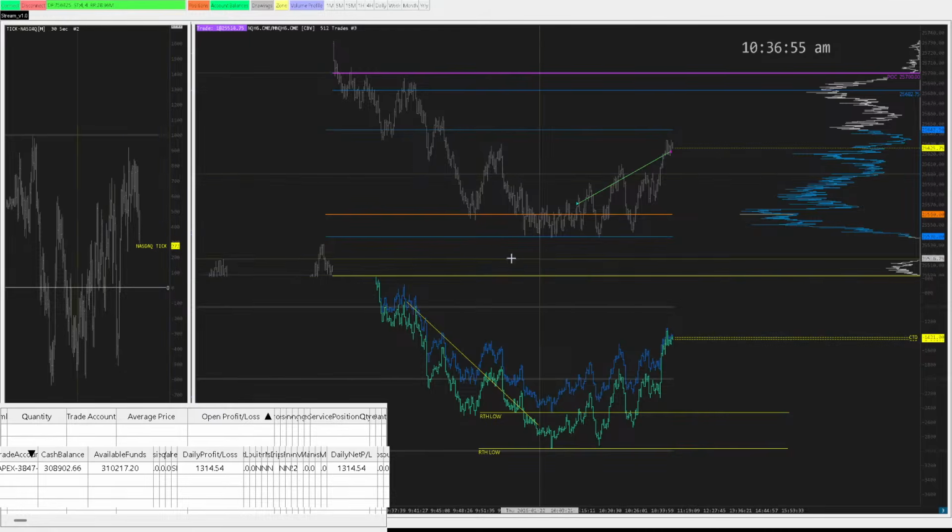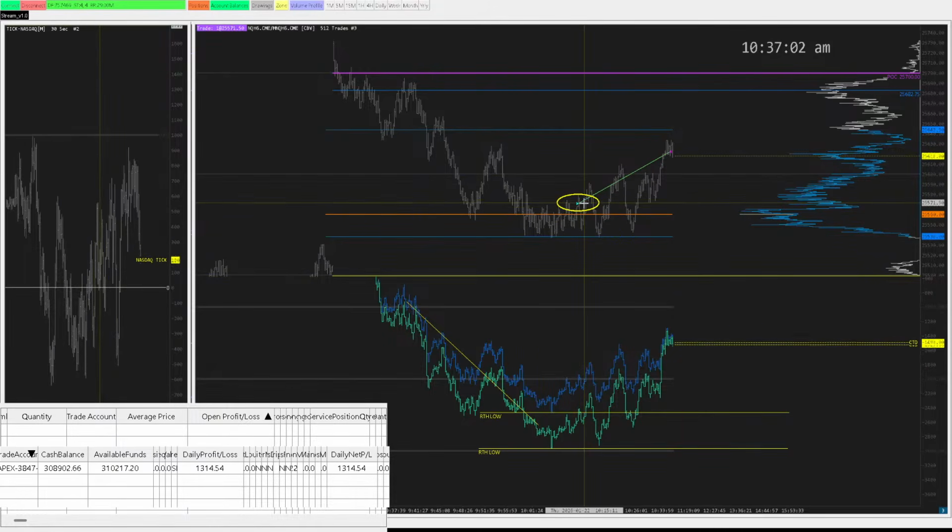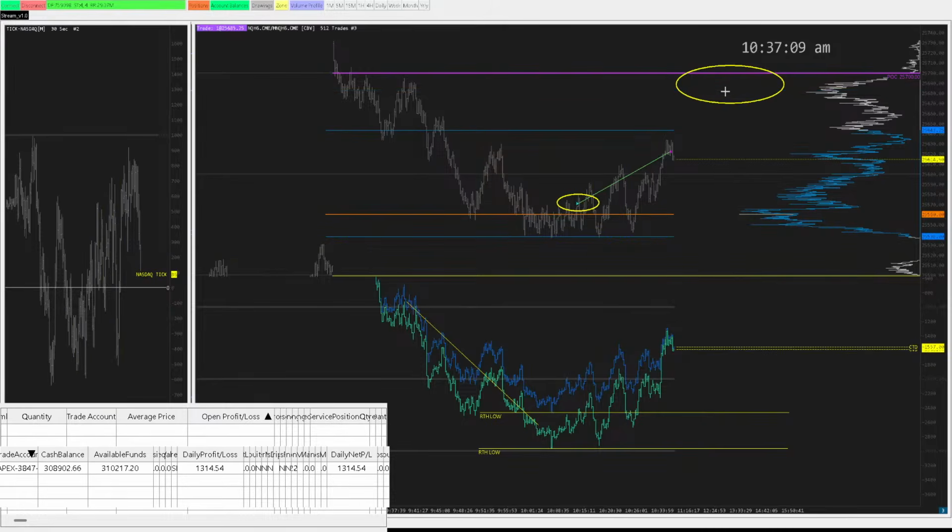I'm not going to sit here and tell you, hey, I bought a micro right here, and I'm locking my heels in saying that this is the bottom, and that I'm going to hold this thing back to the POC or back to whatever. I'm not going to do that, right? Now, if I would have scaled in right here with 5 or 10 contracts, then yeah, I might have done that.